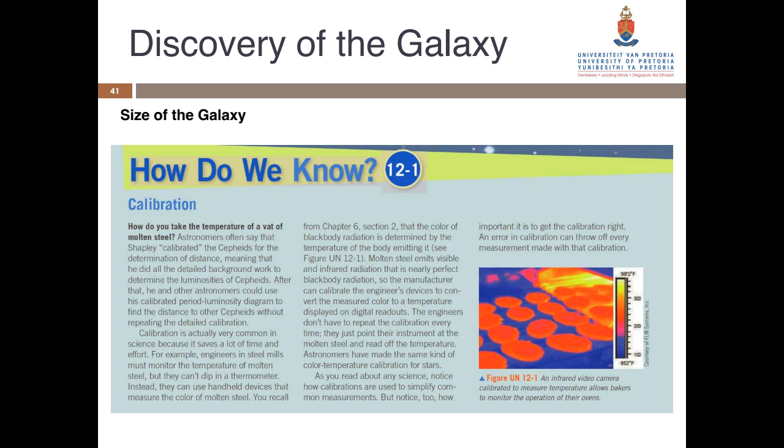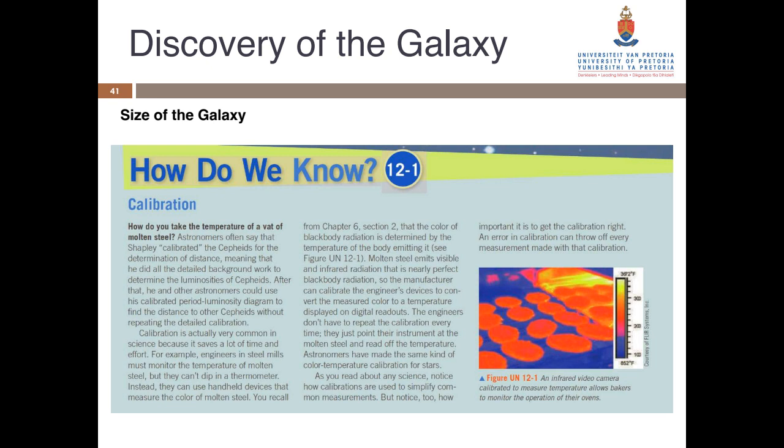Molten steel emits visible and infrared radiation that is nearly perfect black body radiation. So the manufacturer can calibrate the engineer's device to convert a measured color to a temperature displayed on digital readouts. The engineers don't have to repeat the calibration every time, but just point their instruments at the molten steel and read off the temperature. Astronomers have made the same kind of color-temperature calibrations for stars.